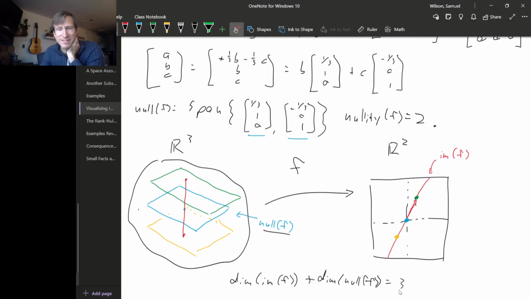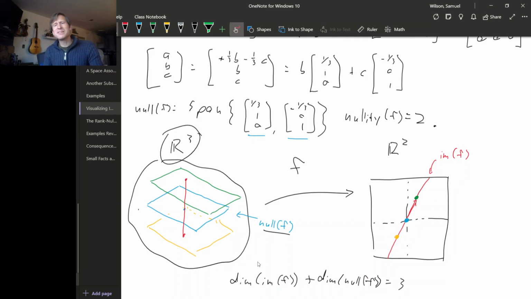So this has to be 3 in this case, because it's R3. Sorry, I've said that backwards. The free dimensions that are left over after drawing our null space have to trace out the image. And so the 2 added together have to fill up the entire Euclidean space that we started with.